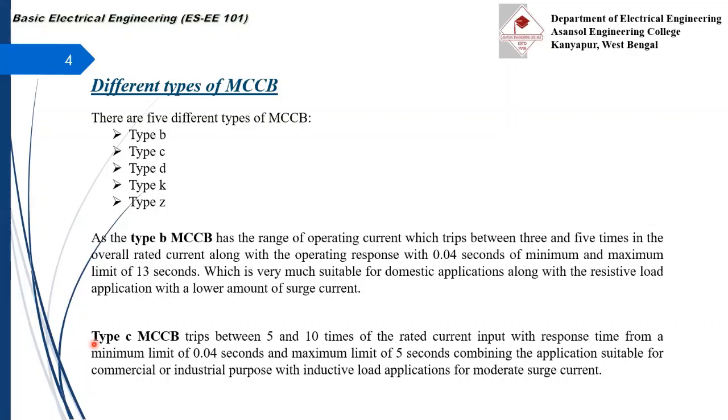It trips between 5 and 10 times of the rated current input, with a response time from a minimum limit of 0.04 seconds to a maximum limit of 5 seconds. That means it is faster than type B. It is suitable for commercial or industrial purposes with inductive load applications for moderate surge current.